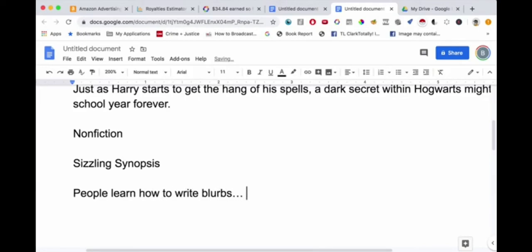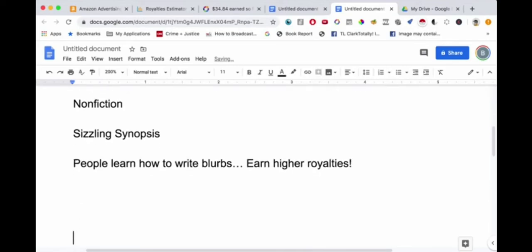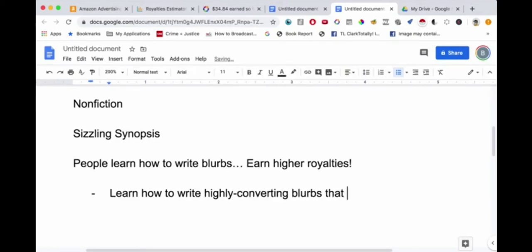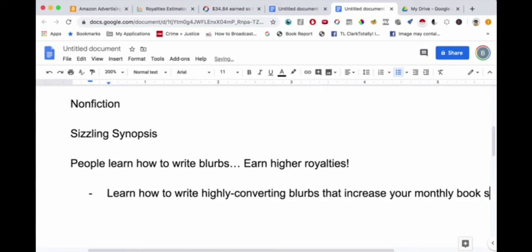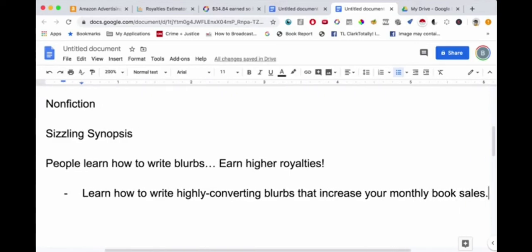What's a consequence of that? Earn higher royalties. So, learn how to write highly converting blurbs that increase your monthly book sales. So, easy as that.